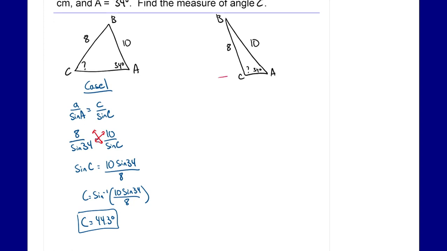So again, I could assume that it's an obtuse angle, so the angle that I just found, that 44.3 degrees, is my reference angle. So for case 2, angle C is equal to 180 minus 44.3. Angle C is equal to 135.7 degrees.